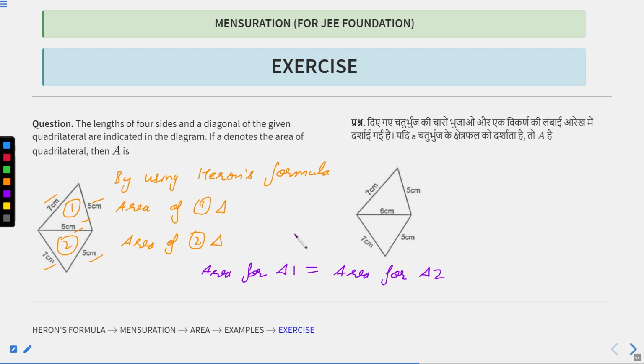So the total area is equal to area of triangle 1 plus area of triangle 2, which is 2 times the area of triangle 1, or 2 times the area of triangle 2. So let's find the triangle 1 area.